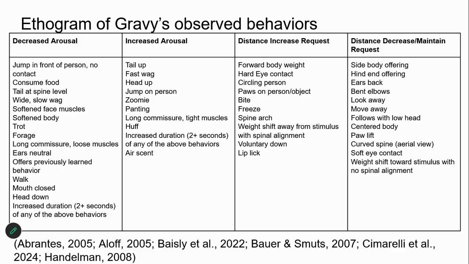If his spine is curved and maybe his weight is shifted forward to you, but his face is not necessarily looking at you, that in Gravy speak tends to be a request to come closer. So there are these little idiosyncrasies, but overall, this is a rigorous research-based ethogram.